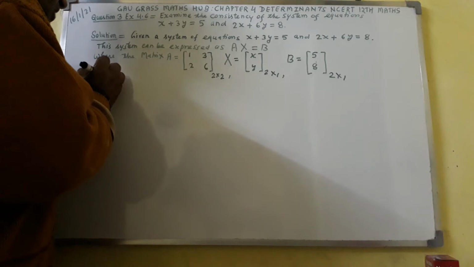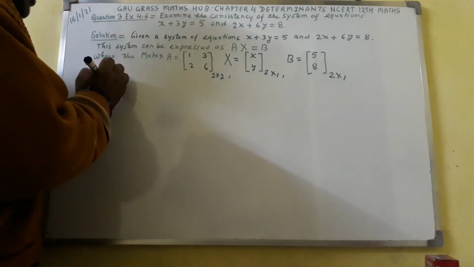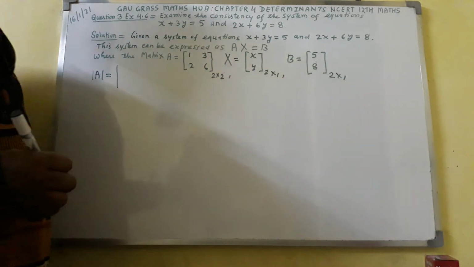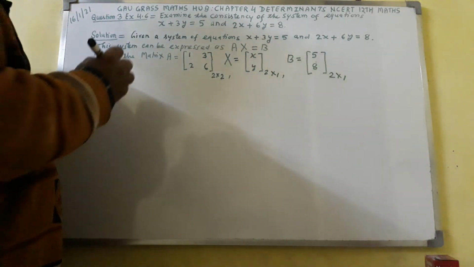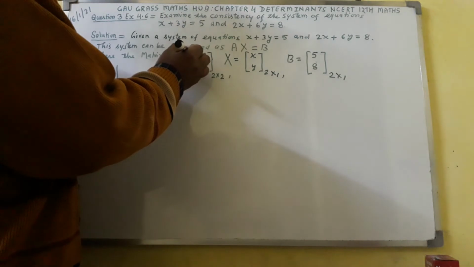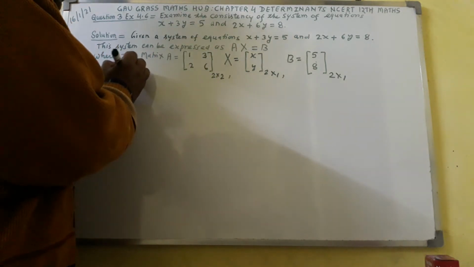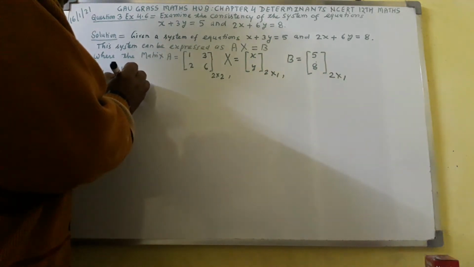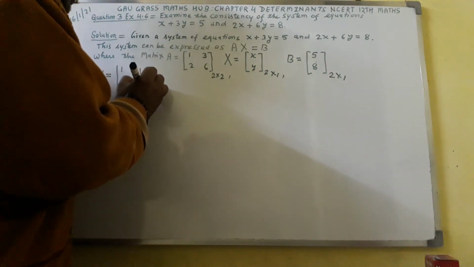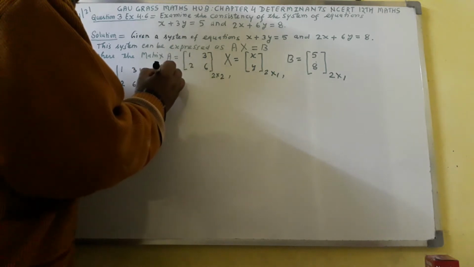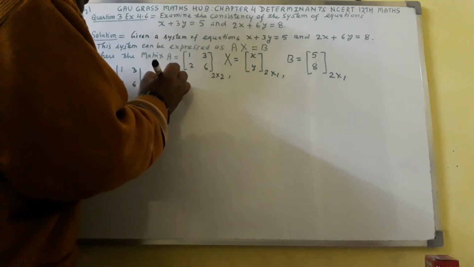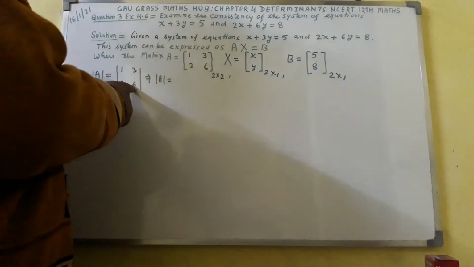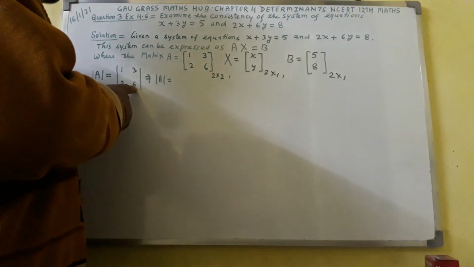So I shall write determinant of matrix A equal to opening of vertical line. The elements of the first row I shall take from here, 1 and 3. The elements of the second row I shall take from here, 2 and 6. This implies that the determinant of matrix A comes out to be, here you can see 1 and 6 are in the principal diagonal.